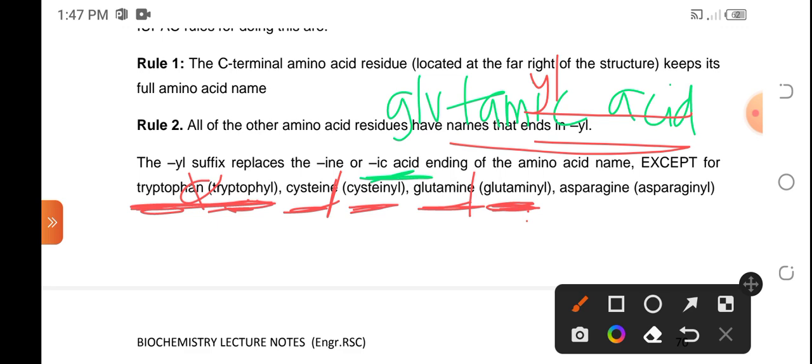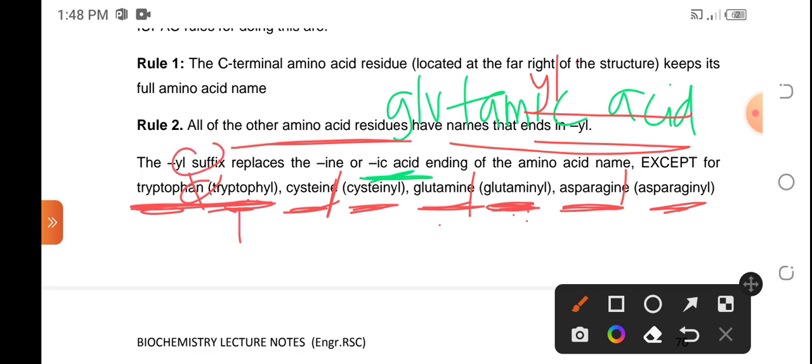Kasi si glutamic acid, si glutamyl, and then si glutamine ang magiging glutaminyl. Okay? Asparagine, only drop the E and add YL pa rin, such that it will become asparaginyl. So asparagine, magiging asparaginyl. And the rest in the list of the 20 standard amino acids will follow the replacement of INE and IC acid with the YL.